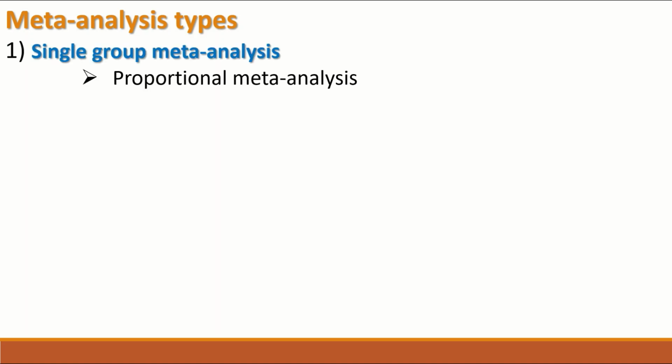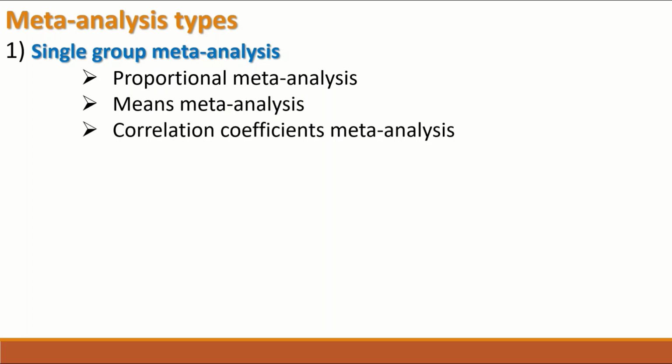For single group meta-analysis, a proportional meta-analysis can be performed, or a means meta-analysis, or a correlation coefficient meta-analysis, or an incidence rates meta-analysis.